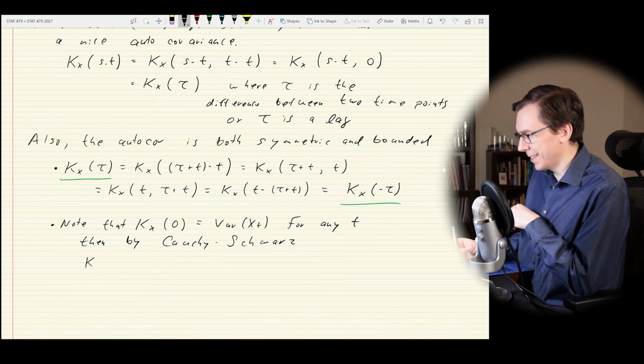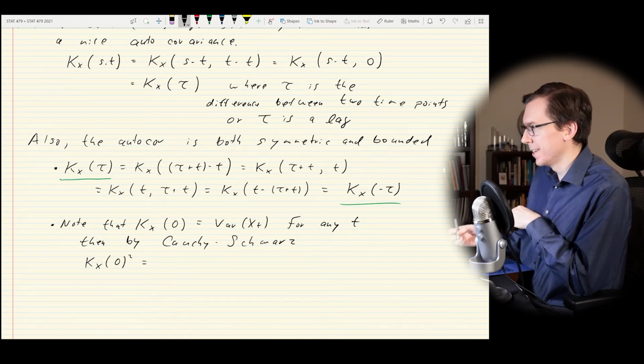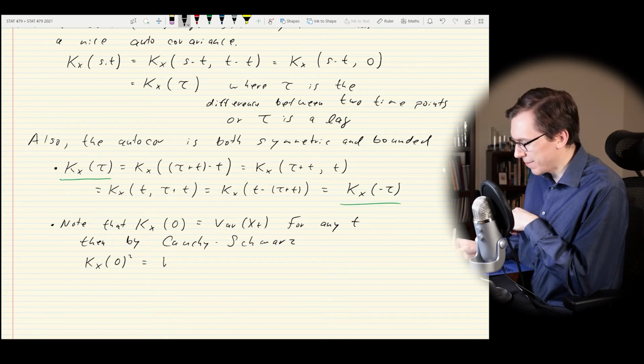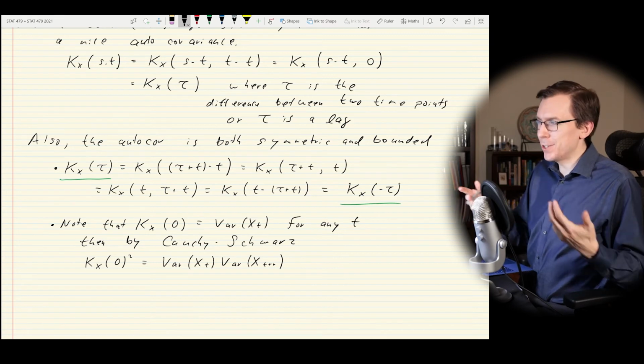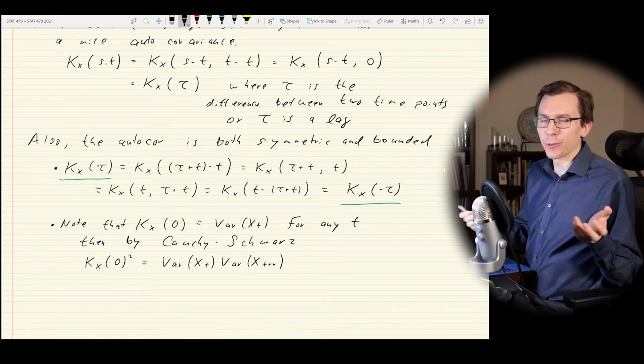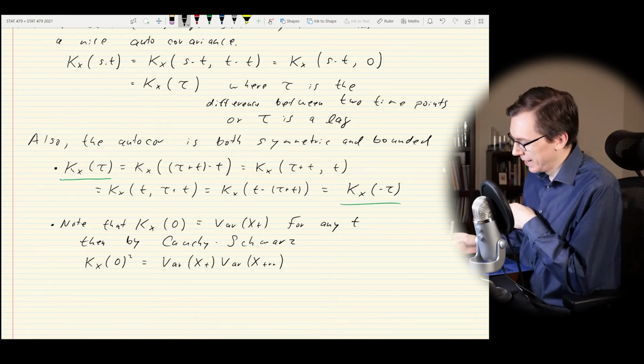What we have here is that kx at 0, which is our squared variance, we can write as the variance at time t times the variance at time t plus r. Remember, it's stationary, so these two variances are the same thing, no matter what index I put in there.